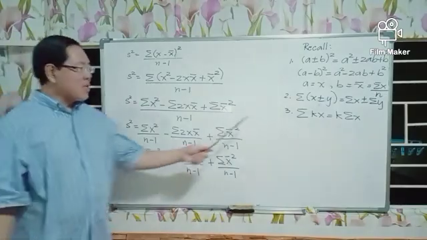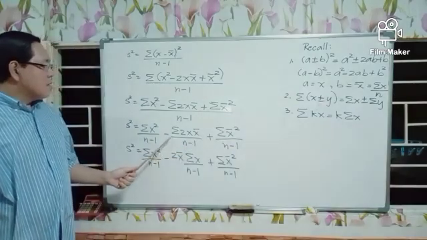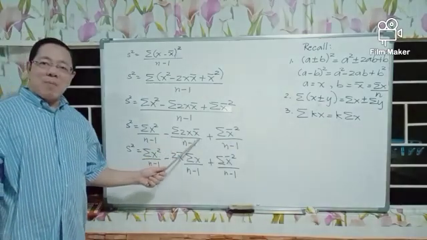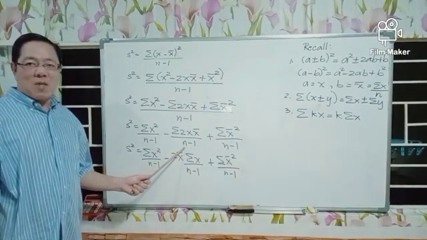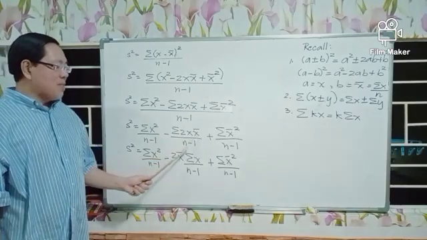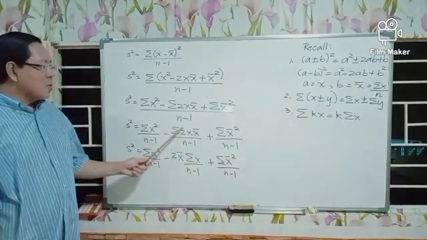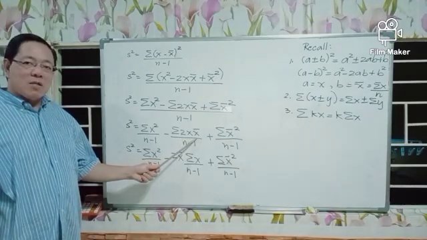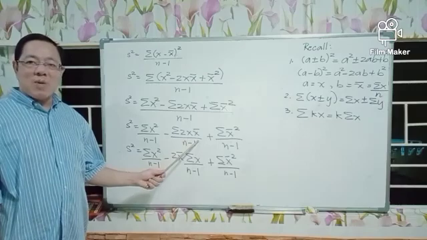By applying this property of summation, the summation of 2x multiplied by x bar over n minus 1: n minus 1 is actually a constant. So 2 x bar divided by n minus 1 is a constant. 2 is a constant, x bar is a constant, so 2 times x bar is a constant.